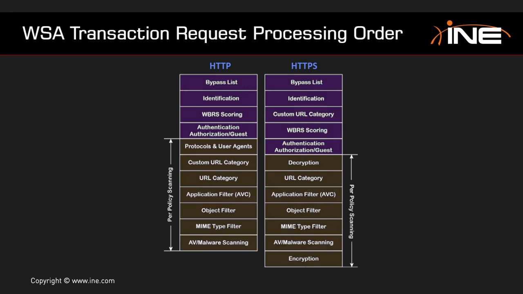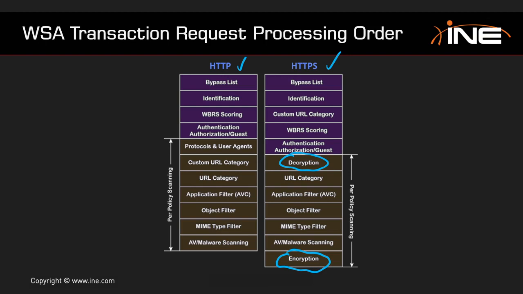So transactions are generally broken down into clear text or encrypted sessions, where the main difference between how HTTP versus HTTPS is processed is going to be all about the decryption for HTTPS, which could potentially take place. And if it takes place, there is also going to be that encryption at the end, so we can send the packet after evaluating it to the network in its original form.